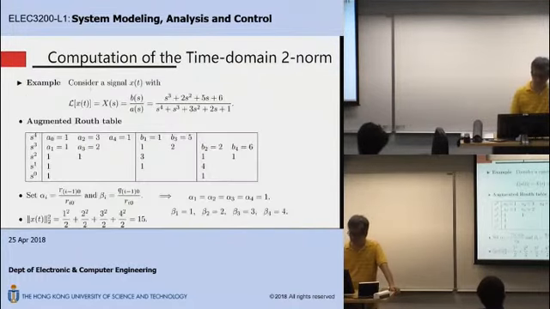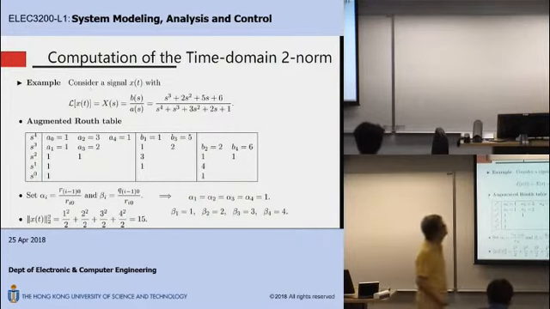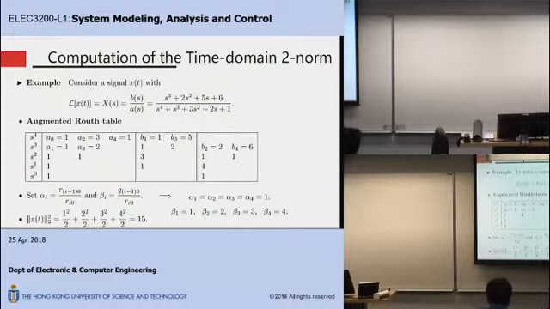Let's look at the examples. The Laplace transform of the time function xt is like this. We want to compute the 2 norm of xt.